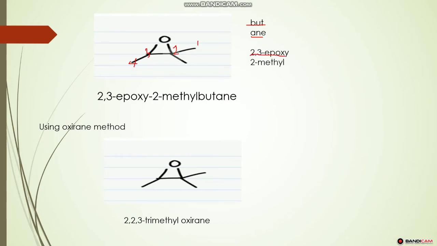And we have here methyl attached to carbon 2, so we can give 2-methyl. And since epoxy or E comes before M or meth, we give this structure the name of 2,3-epoxy-2-methyl-butane.